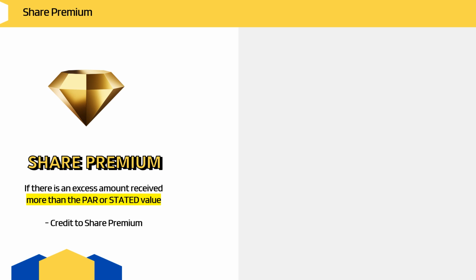Let's say I'm selling 1,000 shares at 100 par. Sometimes, people will be able to buy it or you'll be able to sell it at 200 pesos, 300 pesos. The excess from the par value is what you call your share premium. So anything that's more than your par or stated value is what you call your share premium.